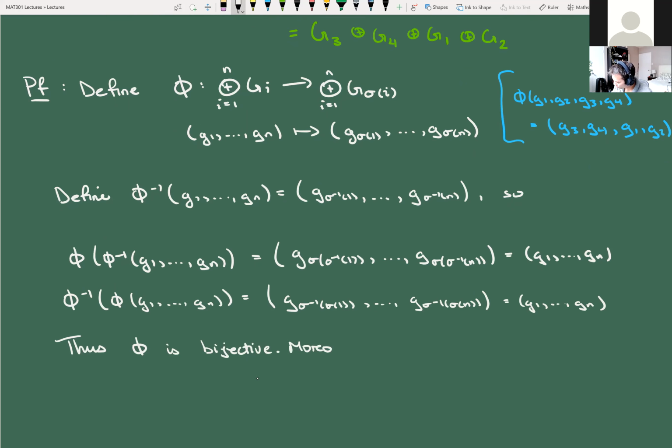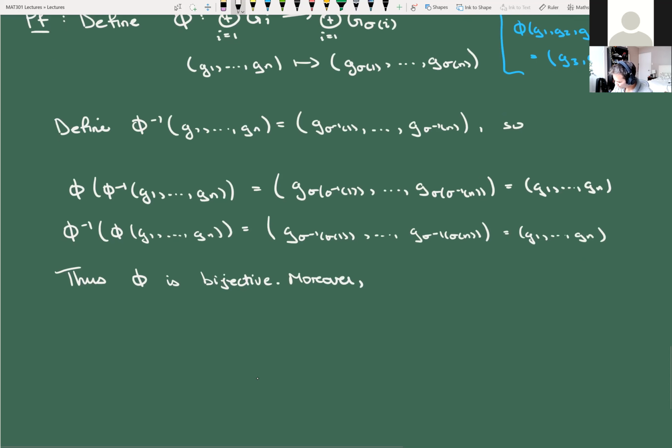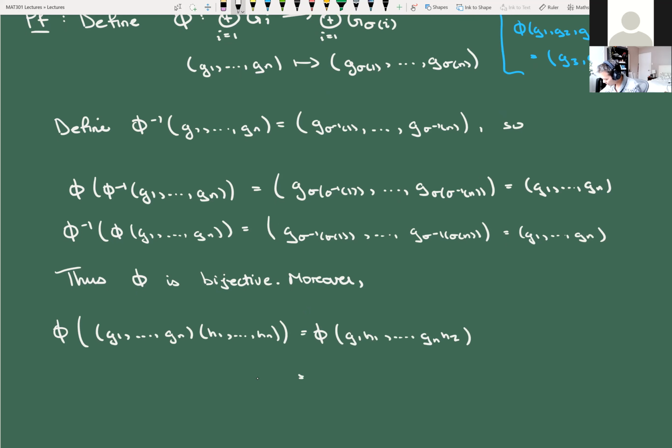And moreover, it's a homomorphism because, and now we see the pain in the butt of working with these things. Notationally, this is a real pain. (G1, H1), ..., (Gn, Hn) gets sent to (G sigma 1, H sigma 1), ..., (G sigma n, H sigma n), and the reason for that is, again, all we're doing is rearranging.